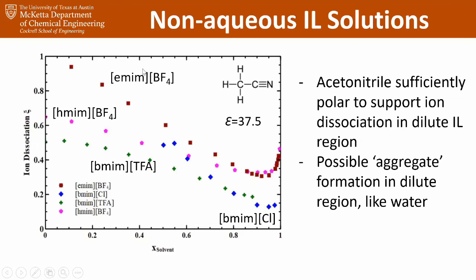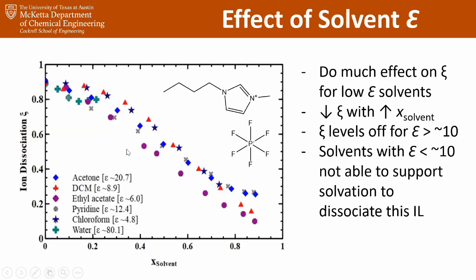And so you can see here just a couple different ionic liquids in acetonitrile, where they're more or less dissociated depending on the, here it's different cations and different anions. Here's a single ionic liquid.